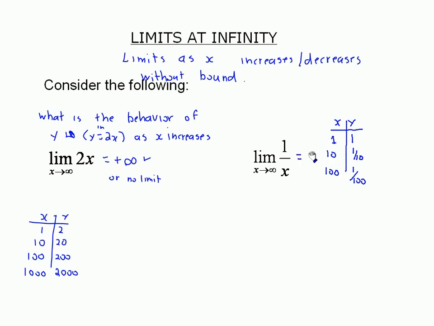So it's approaching 0. The numerator is staying the same, and the denominator is increasing. So that ratio will always mean your number is going to get closer to 0. Wouldn't even matter if the numerator was 2 or 3 or any number, as long as it's staying the same and the denominator is increasing.